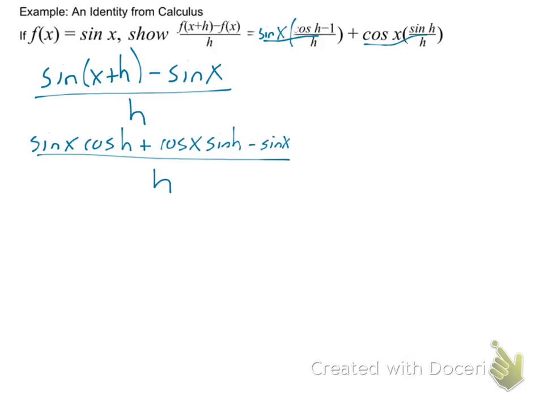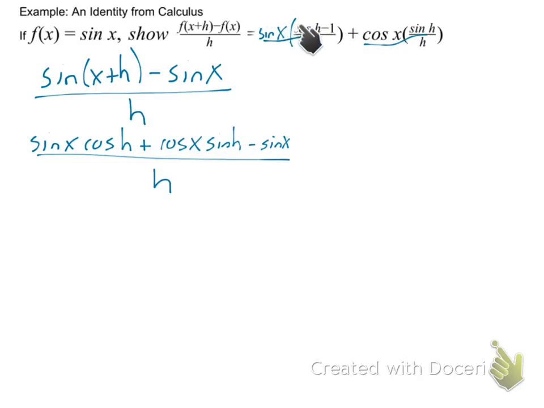So, what do you guys want to do? What if there is a little craziness going on here? Look at this: cosine of h minus 1, and it has a sine on the outside.